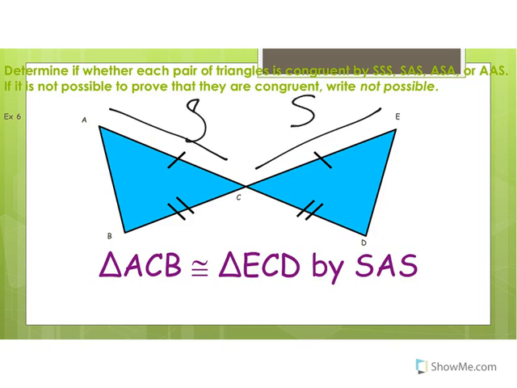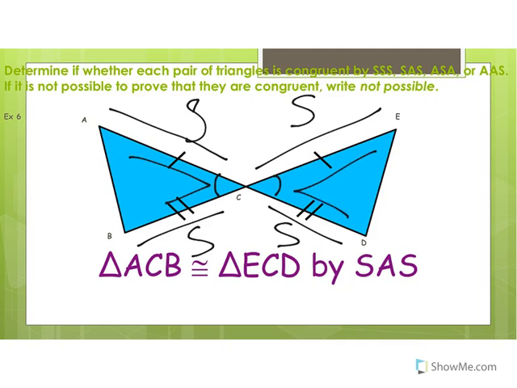And here we have side BC is congruent to DC, so label that as another side. But then there's no marking on it. But in here we know that triangle ACB is congruent to triangle ECD by vertical angles.